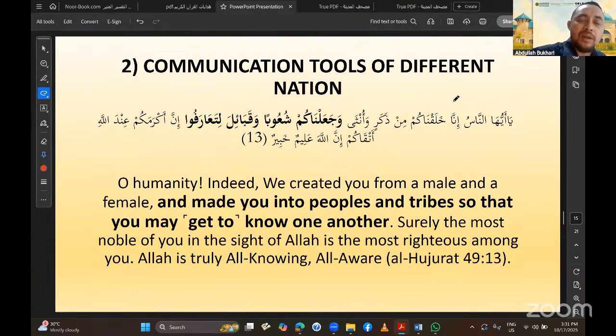Or maybe if you are lucky enough, inshallah, you will know people of different nations. For example, we have the experience here. Student from Malaysia getting married to student from Bosnia, and then without the tools of language, how can you communicate with them? So learning language is to equip yourself with the communication tools with a different nation.